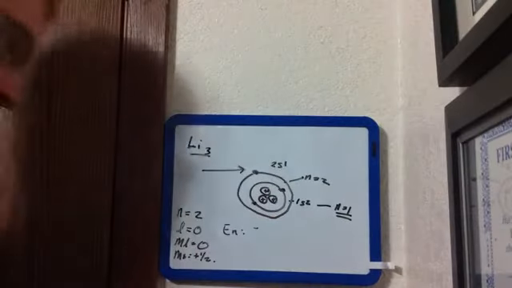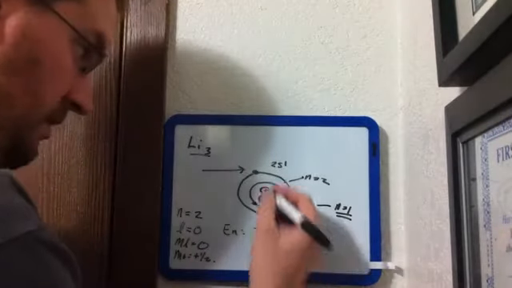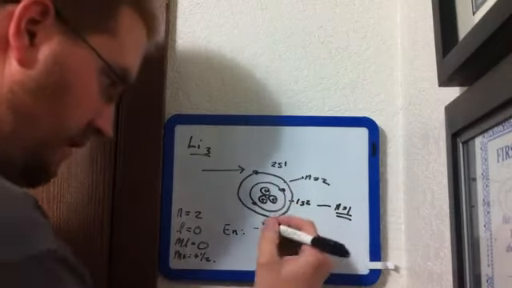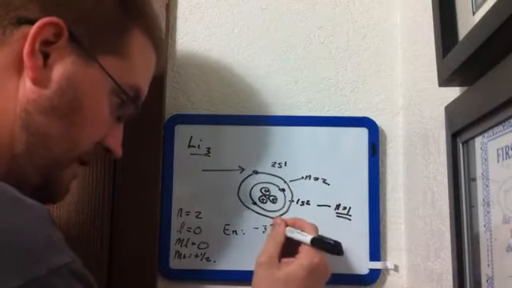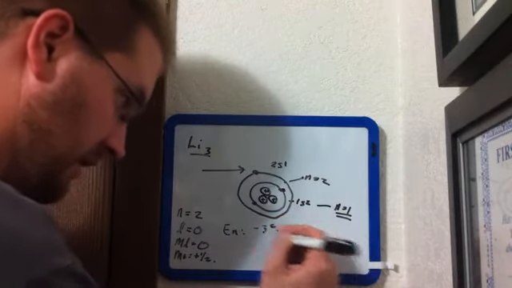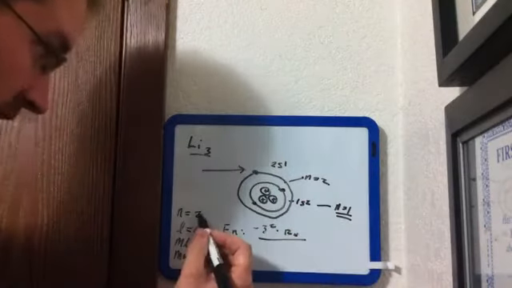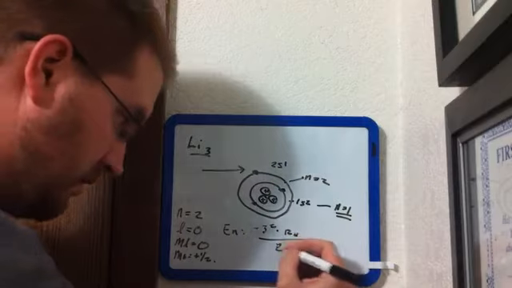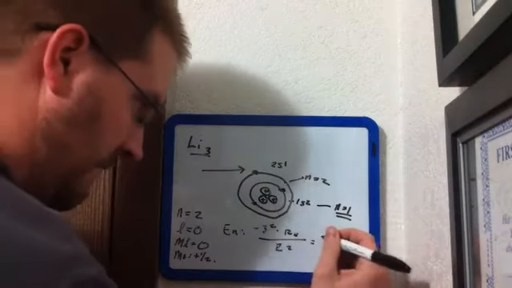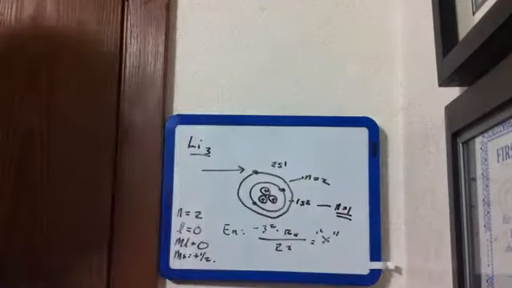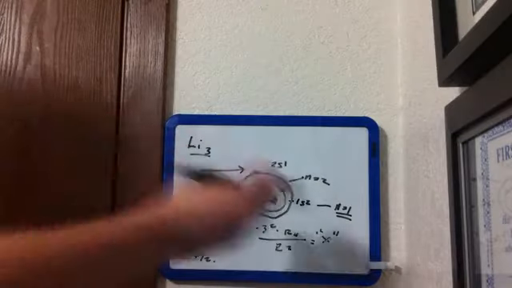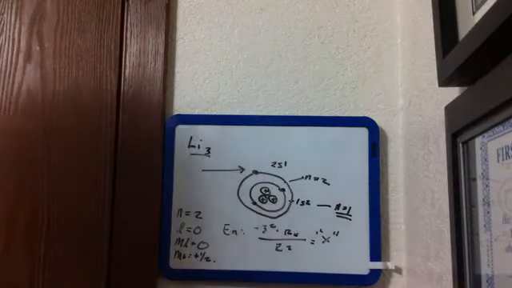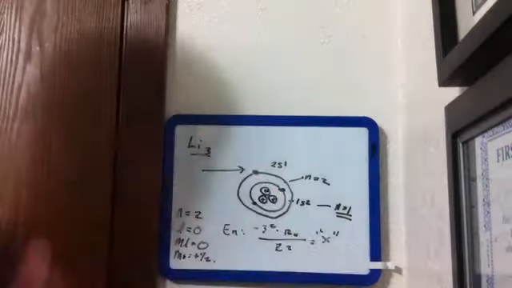So I go, negative Z, which in this case is 3, so negative 3 squared times R sub H divided by n squared. What's n? n is 2, because that electron is in the second energy level. 2 squared. And then I get a value, x. It's not really that important to know what that value is.